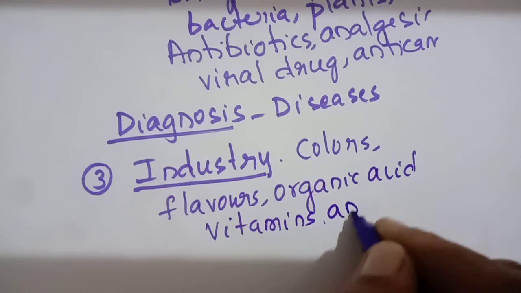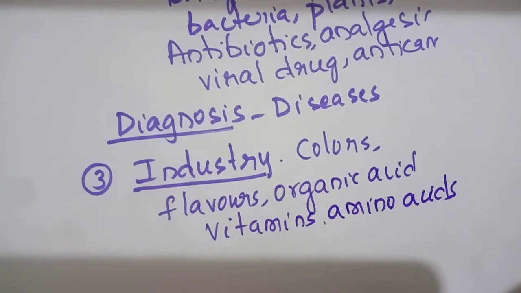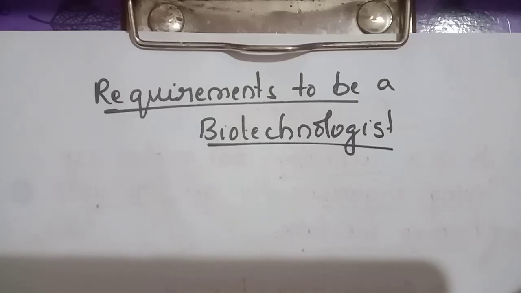Like this we can produce many compounds using biotechnology. I have introduced only a few benefits, the scope and applications of biotechnology. There are many other scopes and we will learn many things in our journey of biotechnology.